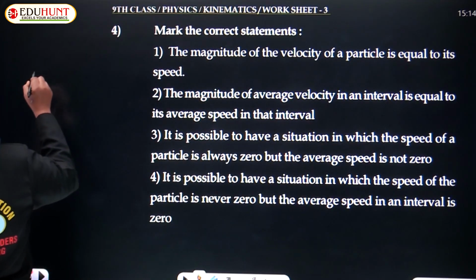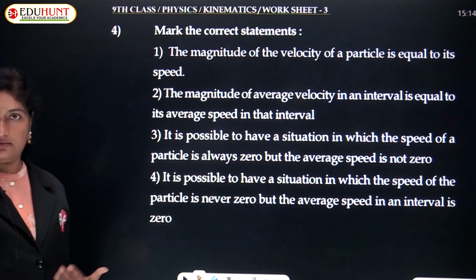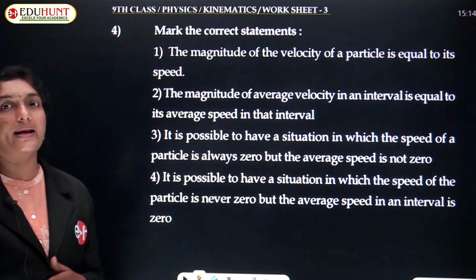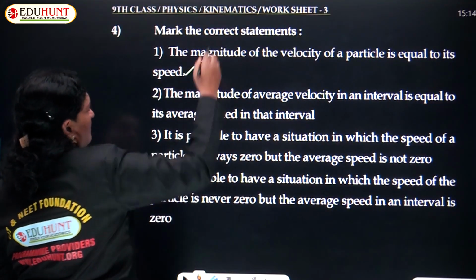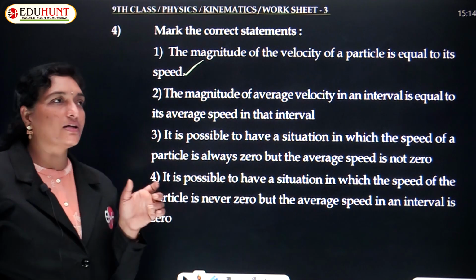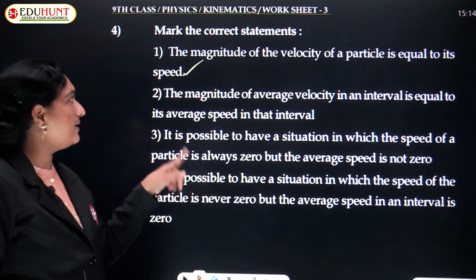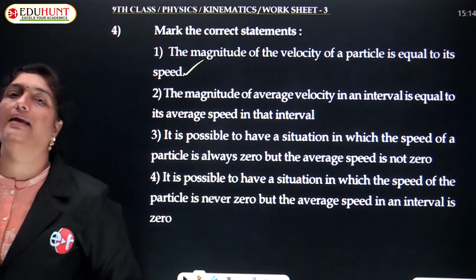As we know, the magnitude of displacement gives distance, whereas the magnitude of velocity gives speed. So of course, the first one is true, because magnitude indicates only the numerical value, whereas velocity has a numerical value along with some direction.